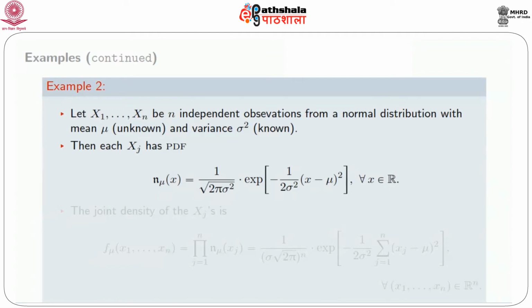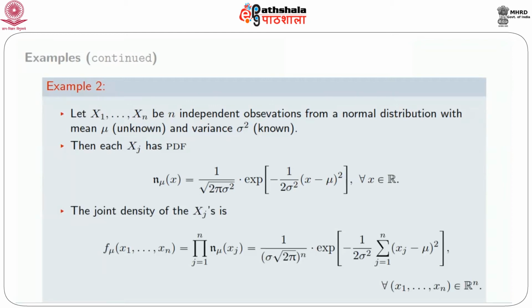Then the PDF of each x_i is given by 1 by root(2 pi sigma squared) into e to the power minus 1 by 2 sigma squared (x - mu) whole squared. The joint density of x_1, ..., x_n is given by f_mu(x_1, ..., x_n).